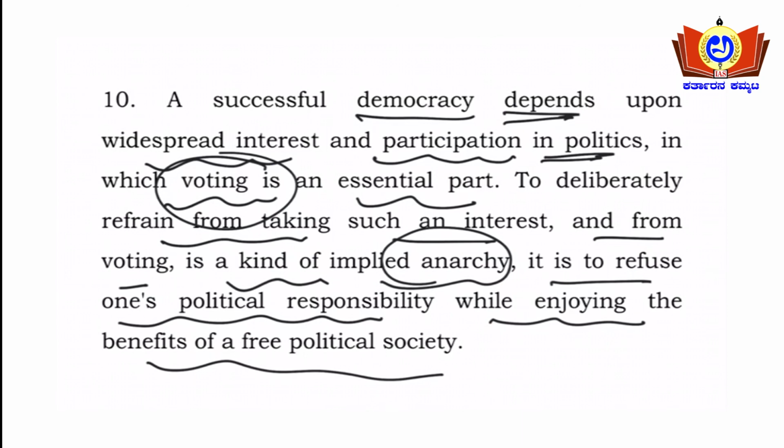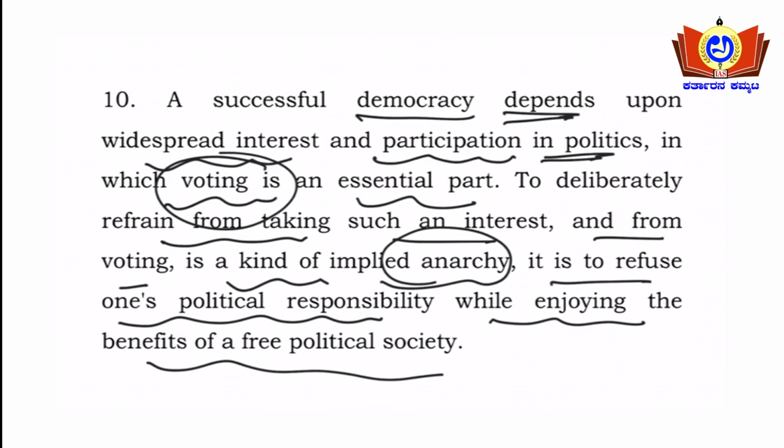What the passage says here is that for a successful democracy, the voting right, which the democracy has given to individuals, is an essential part. If a person intentionally refrains from voting, he doesn't exercise that voting right, so it is nothing but anarchy.